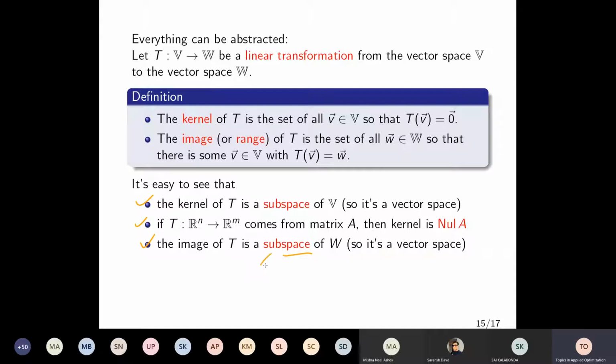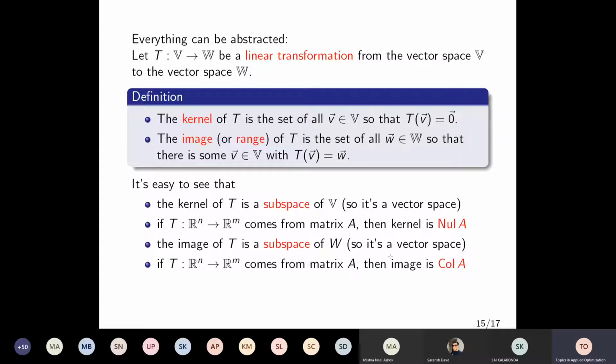Actually, this is the same as the column space of A, the matrix of the transformation T. In some sense we have already proved this, so this is just a cosmetic proof right now.